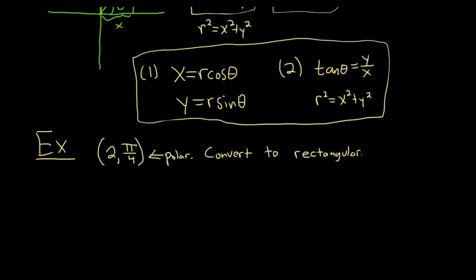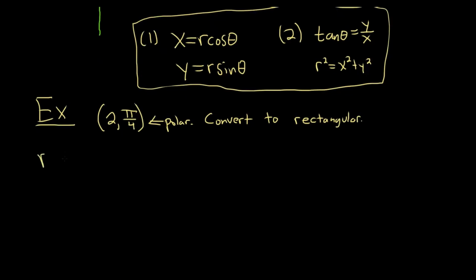All right. So we have our r, which is 2, and our theta, which is pi over 4. Now we just plug it into the formula. x equals r cosine theta. So r is 2, and the cosine of pi over 4 is the square root of 2 over 2.